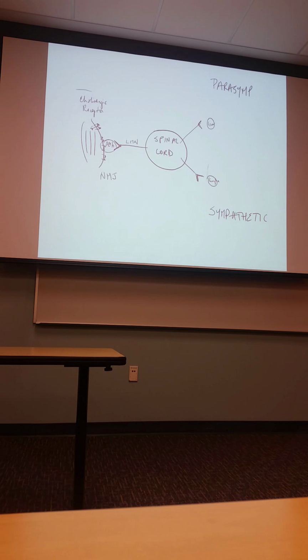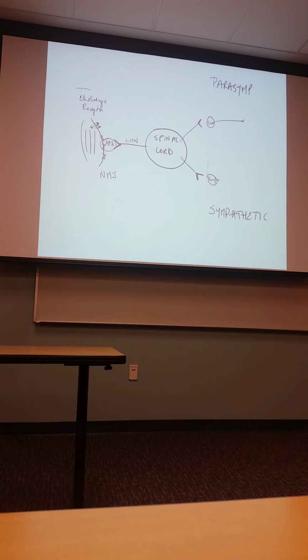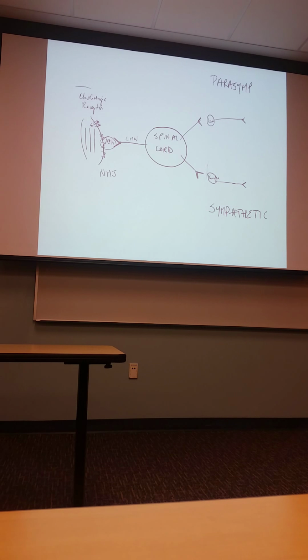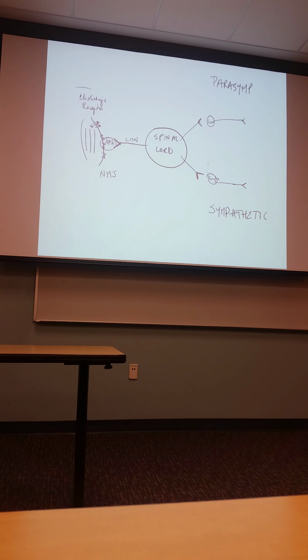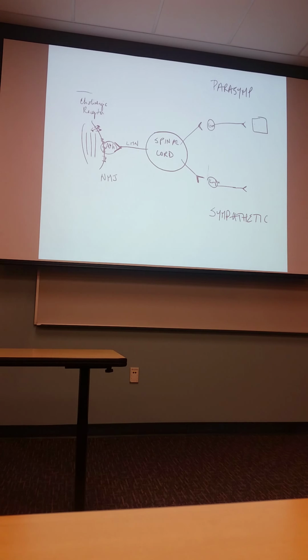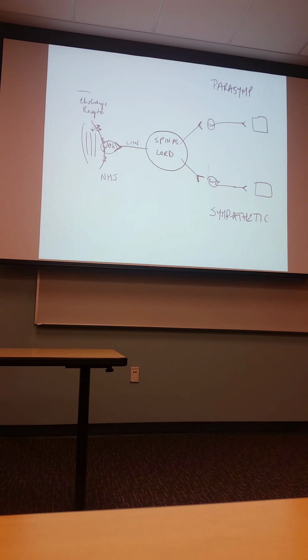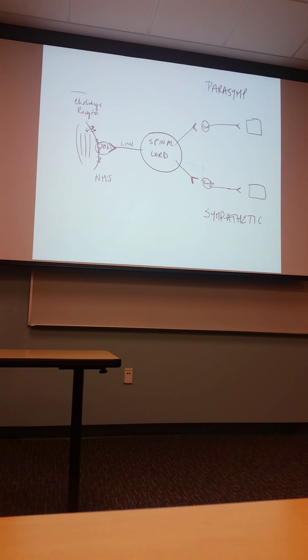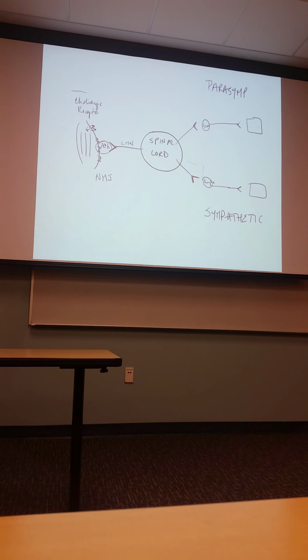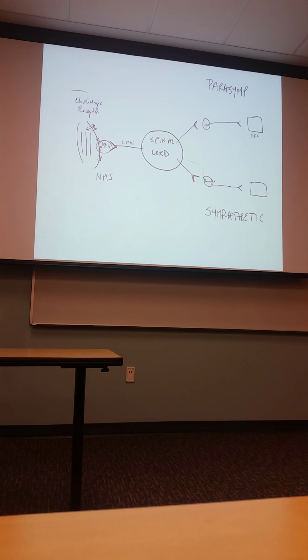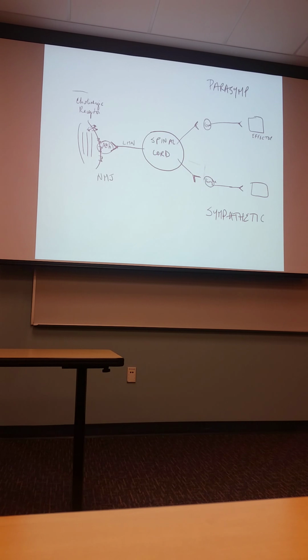So if there are two neurons involved, as I already mentioned, the first neuron is going to be called, and remember, we're talking about the autonomic nervous system, so all the information goes from the spinal cord to the periphery, to the different effector organs. Let's call it just effector organ because it's in charge of a function.